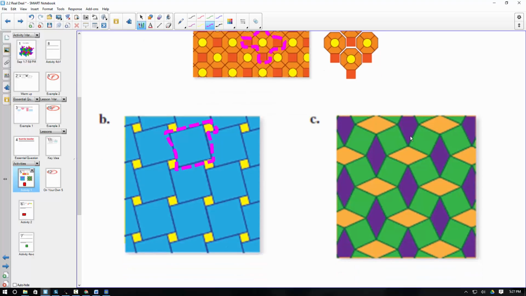This one here, my basic design element, if I look for the piece that has to be repeated over and over again, it looks like, actually, if I get rid of this piece right over here, it's just this right here.